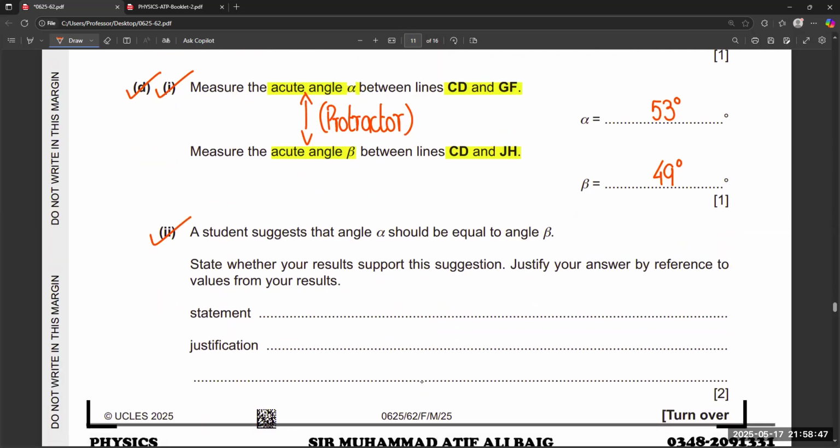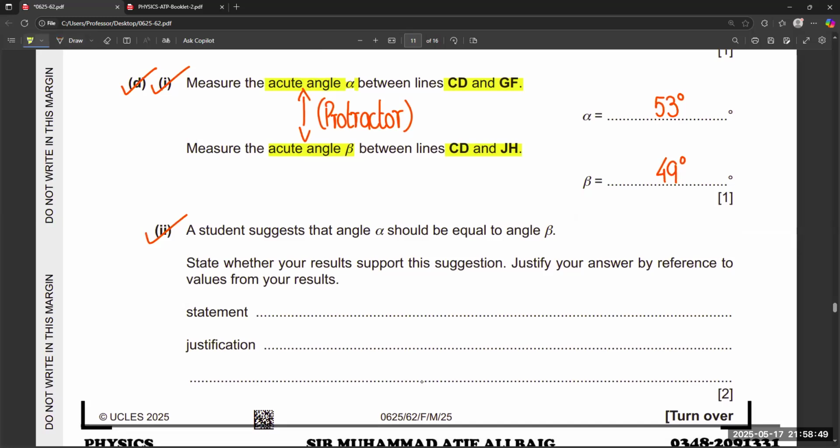Now, a student suggests that angle alpha should be equal to angle beta, and that they are close to each other. Whether your result supports this suggestion, justify your answer by reference to the values from your result. According to the results, the values are very close to each other. So we can say that the statement is correct, because there are some chances of experimental errors.